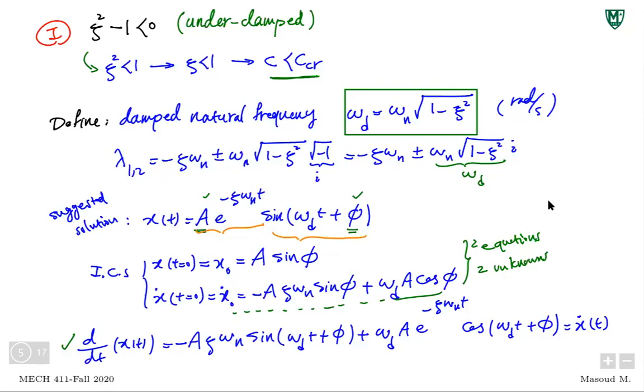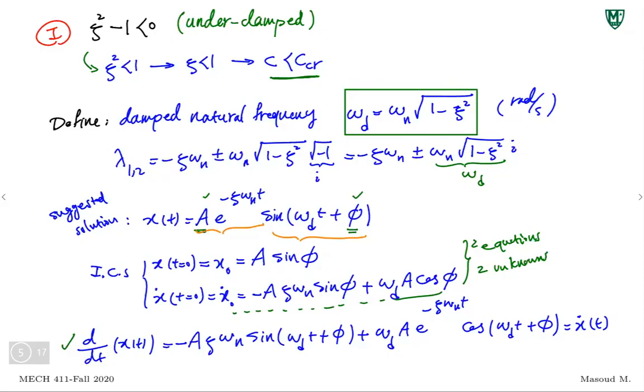So let's start from here if you still cannot follow. Which one is higher, omega d or omega n, for an underdamped system? Look at natural frequency and damped natural frequency. Which one is a bigger number? Natural frequency is bigger, yes, because we have zeta, which is smaller than 1.